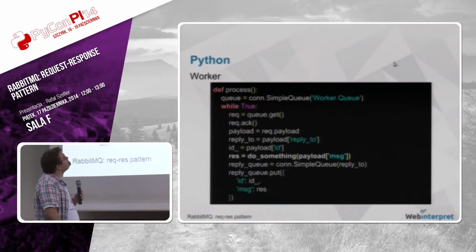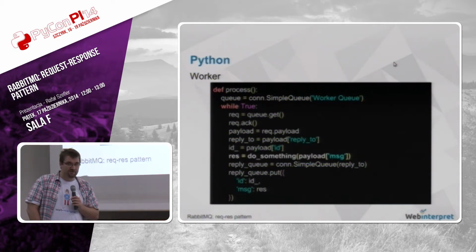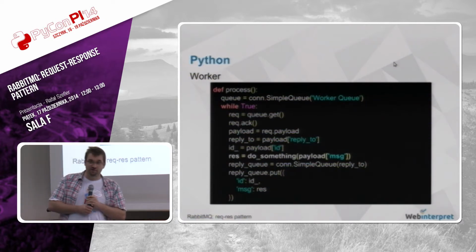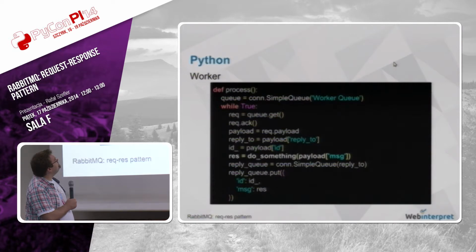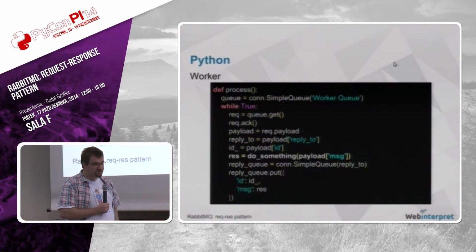The worker. Again, not really complicated. It listens on the worker queue, gets the message from the queue. The message object has an ack method. It's for acknowledgement.